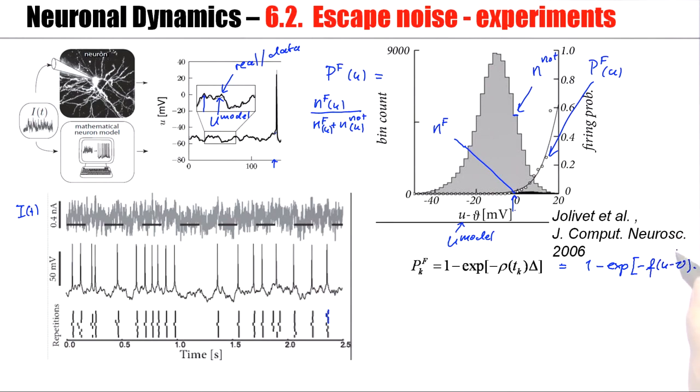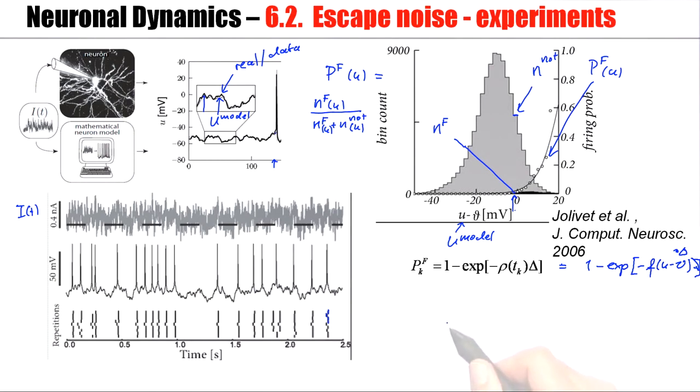Let me put the delta up here. So this is my firing probability for this voltage with a certain escape rate. I can use this to extract the escape rate.